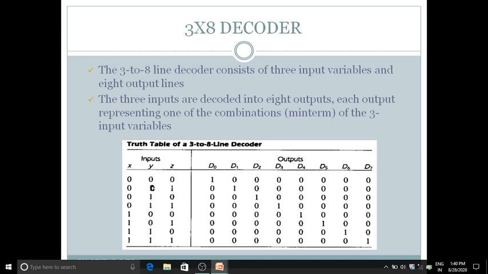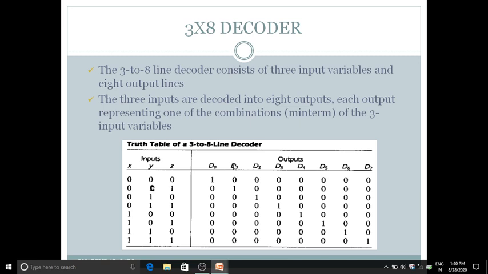Since there are 3 bits, we can have 2 power 3, that is 8, combinations for the 3 variables. All those combinations are listed here, starting from 000 to 111, 8 combinations in binary sequence.